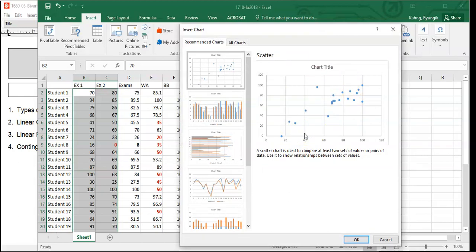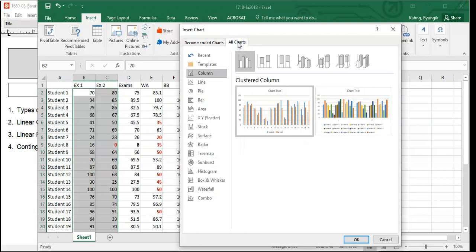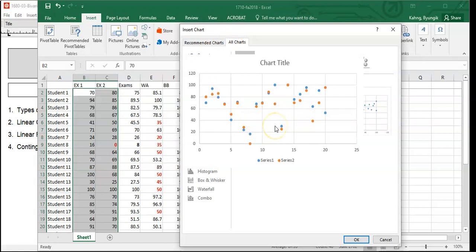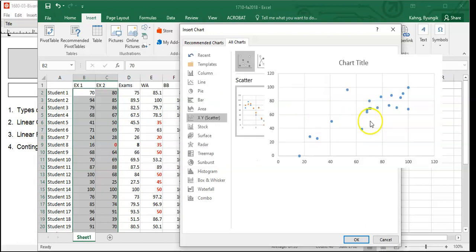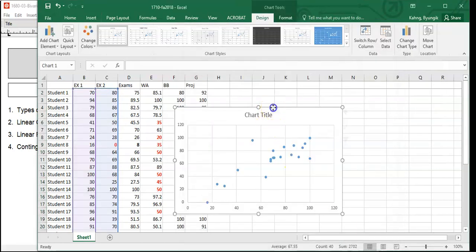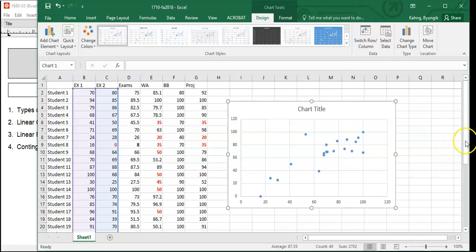But let's assume it was not as smart and then suggested something else. In that case, you have to go to All Charts and then go to Scatter Chart here and then make your choice. If you have two different colors, that means two separate variables. No, that's not it. We want actually one data set. Bivariate, but it's one data set. So it's this one, single color. That's the one, and then here is the scatter plot.